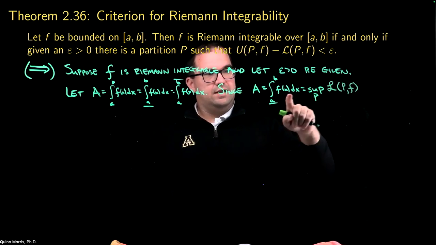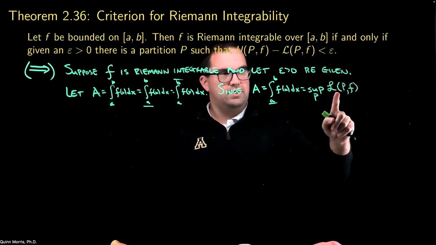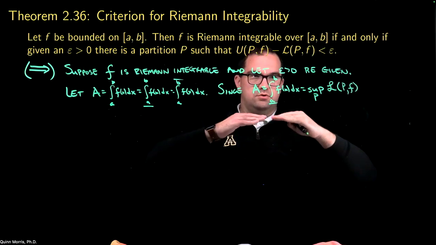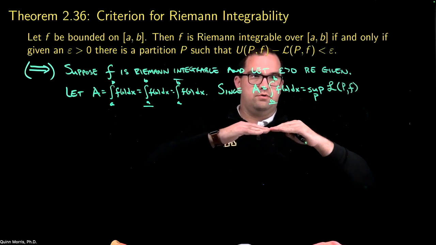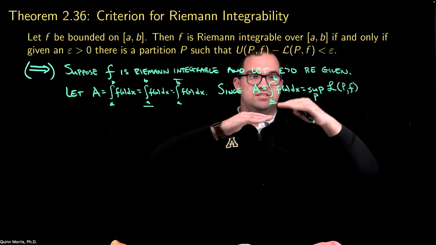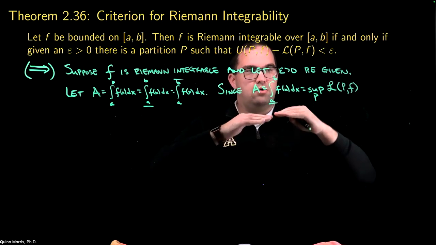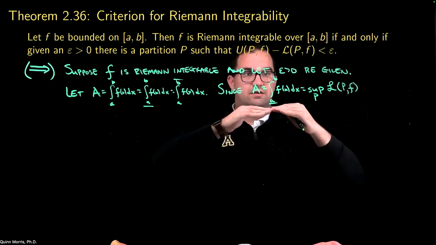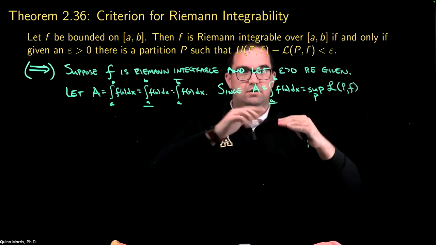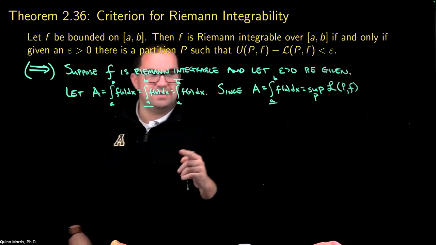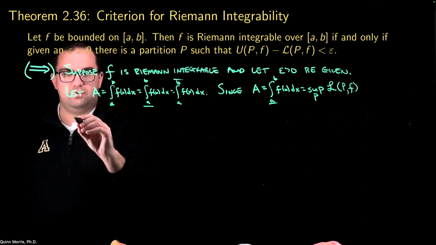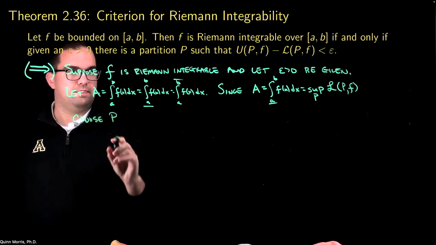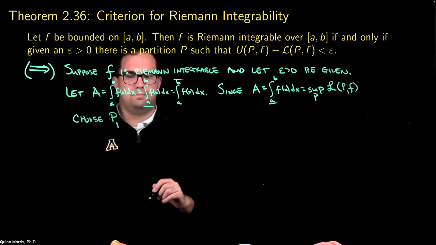If I look at this definition, since this is the supremum, well, what does that mean? That means that if I look at each of these lower sums, they are increasing, and the supremum is the least upper bound. So by taking particular partitions, I ought to be able to get as close to that least upper bound as I like. So since this is the case, I ought to be able to choose a partition. I'm going to call it P1.